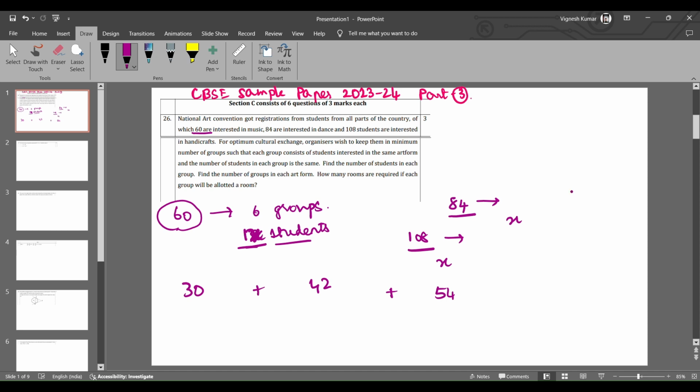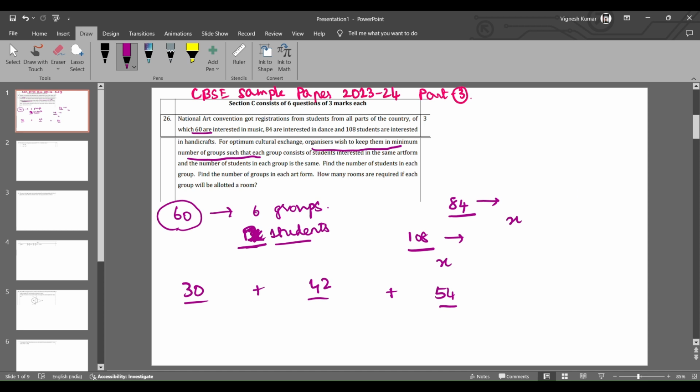But what have they given in this question? Organizers wish to keep them in minimum number of groups such that each group consists of students interested in the same art form and the number of students in each group is the same. So you have to minimize this number of groups. So if you want to minimize this number of groups, here you have taken 2, and since you have taken 2, we have a lot of groups. Since one group can have only 2 students, we have a lot of groups that are formed here.